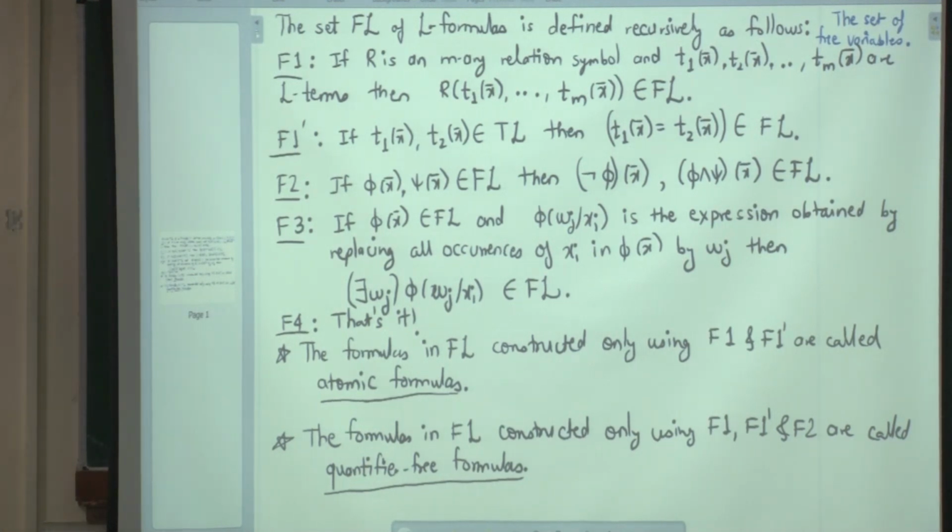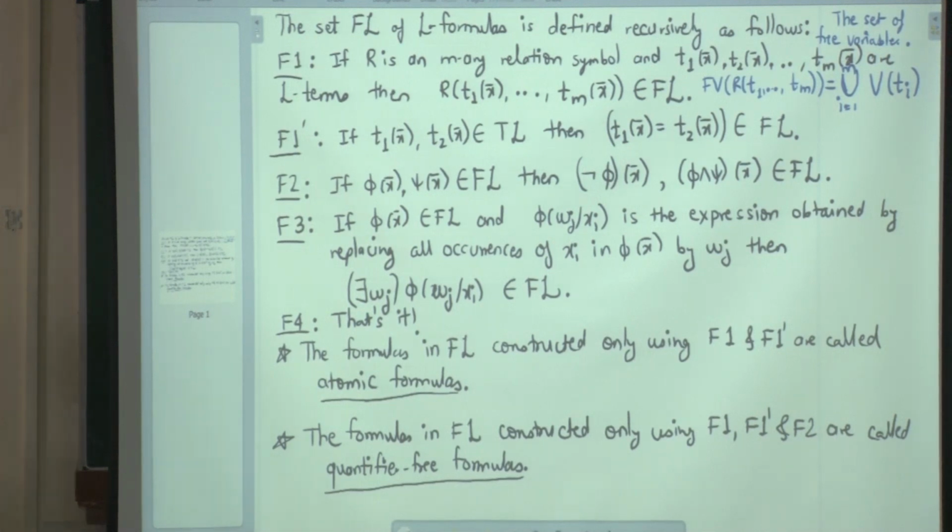So let me write this. The set of free variables in R(t1, t2, ..., tm) is equal to the set of variables in one of the terms. You understand this?